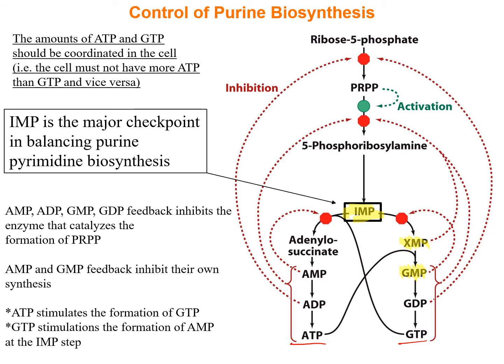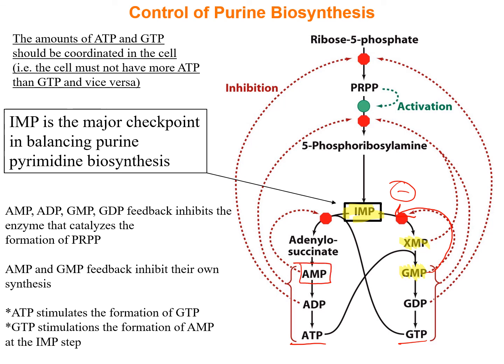So notice immediately that GMP feedback inhibits its own generation. That's called feedback inhibition. Let's go to this side of the branch. IMP gets converted to adenylosuccinate. Aspartate donates its amino group, and that's how we generate AMP.